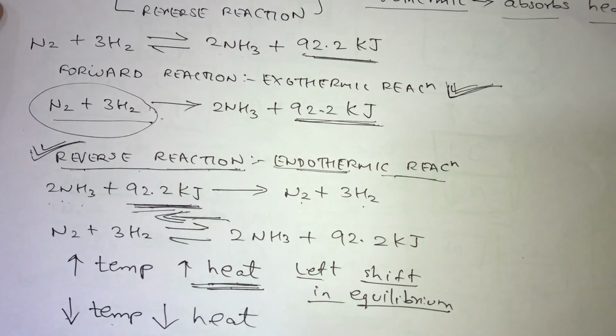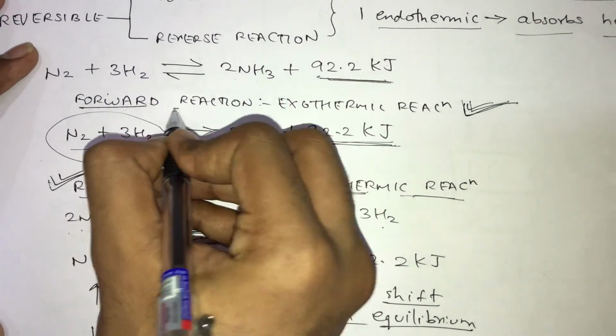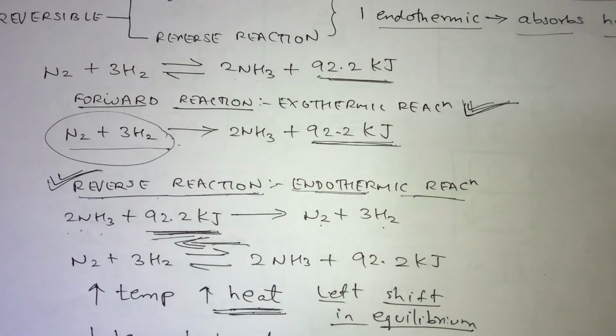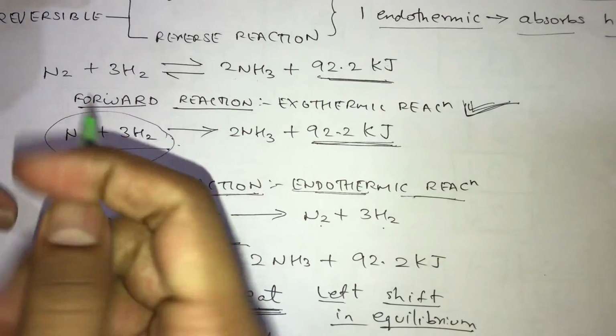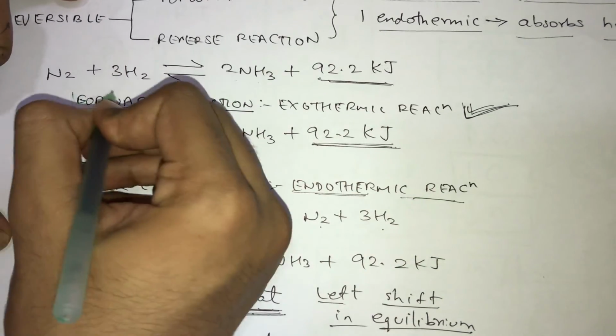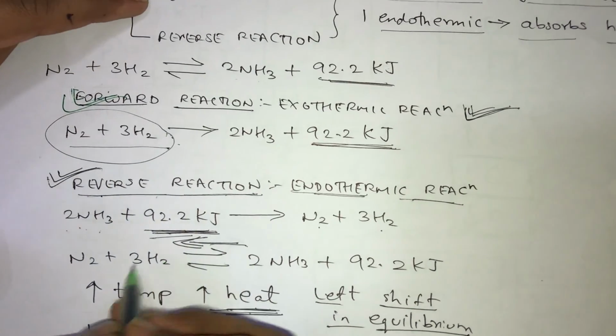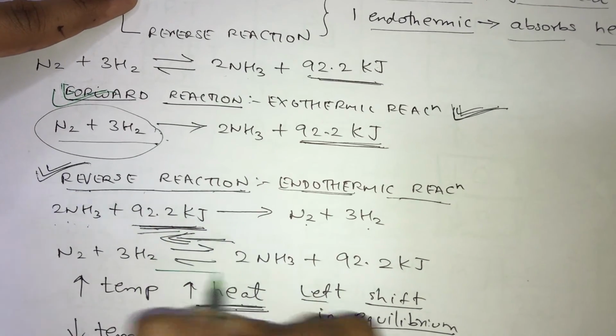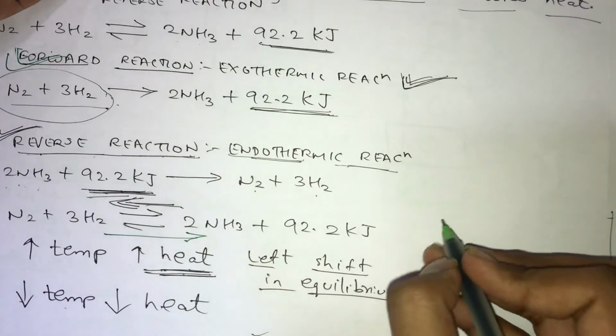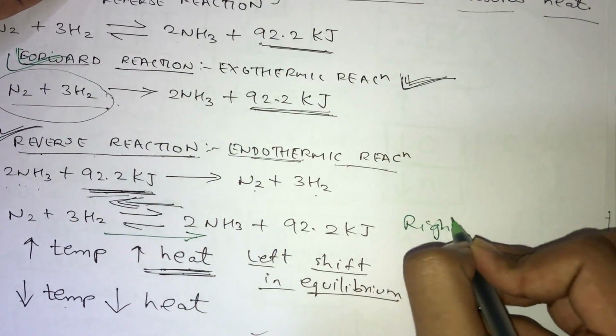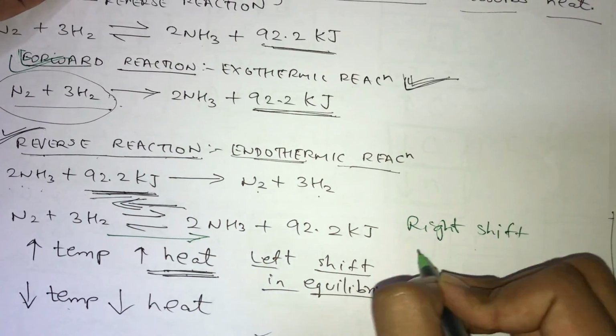And which is your exothermic reaction over here? The forward reaction is nothing but your exothermic reaction over here. So in this case the forward reaction is going to dominate, and the forward reaction takes place from left to right, therefore we say that there is a right shift in equilibrium.